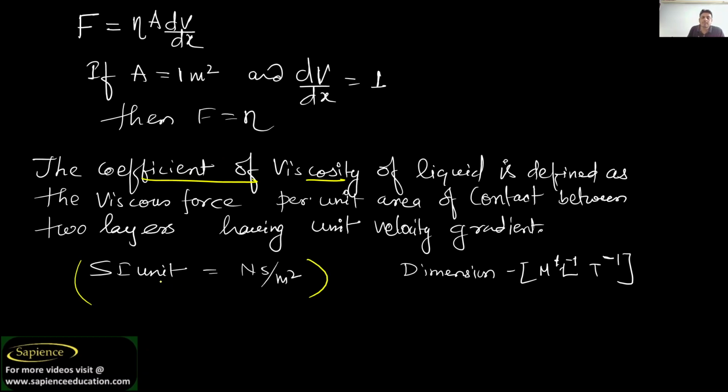If you talk about the SI unit, it is Newton second per meter square. Why?